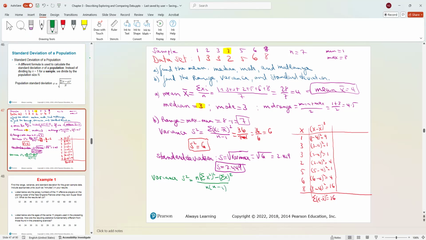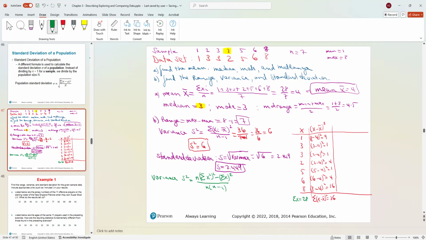First of all, if you add all this data, we find the sum of x. 1 plus 3 plus 3 is 7, plus 2 is 9, plus 5 is 14, plus 6 is 20, plus 8 is 28.